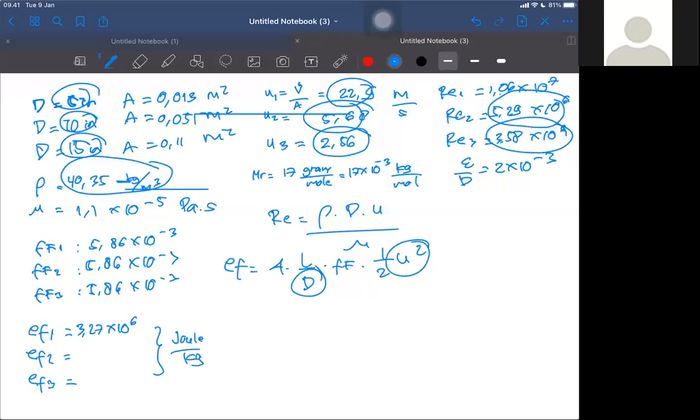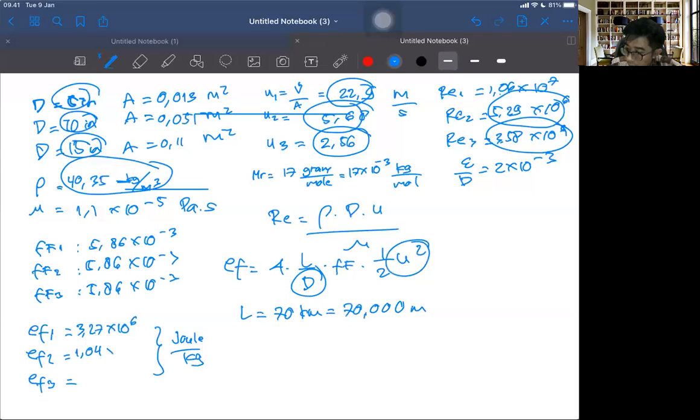So it's 70,000 meters, right, sir? Yes, correct. For EF2, I get 1.04 times 10 to the power of 5, sir. Yeah, 1.04 times 10 to the power of 5. Okay.